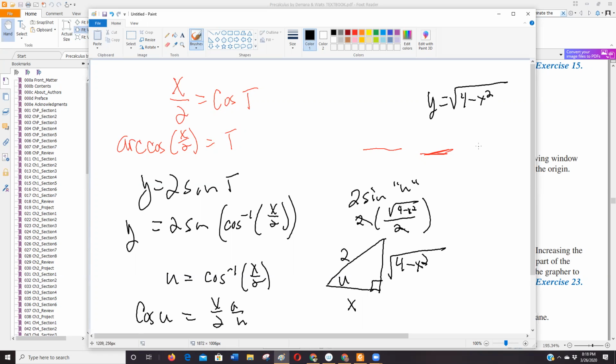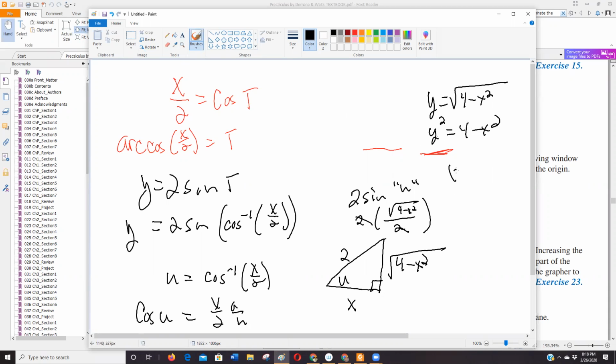Now it'd be nice to not have a square root in our equation. So if I square both sides, y squared equals 4 minus x squared.